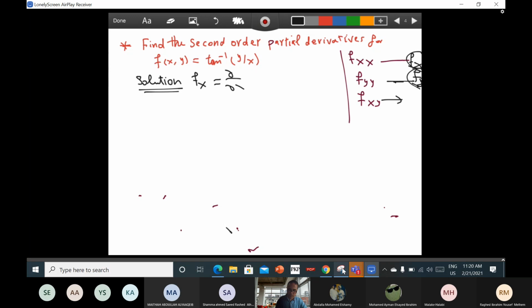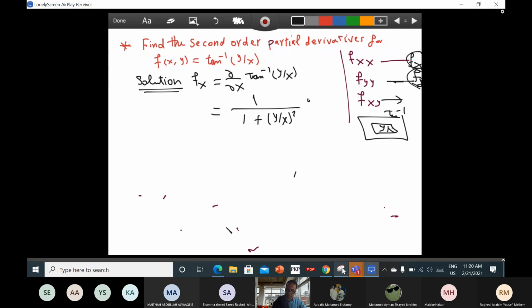This is partial by partial x for my tan inverse of y over x, right? So first the big box is the tan inverse. The smaller box is y over x. So I differentiate. What is the derivative of tan inverse? 1 over 1 plus the angle squared.